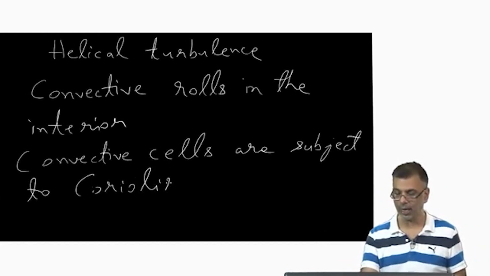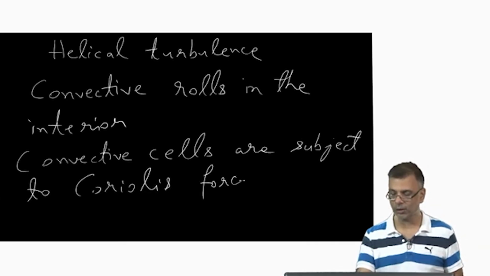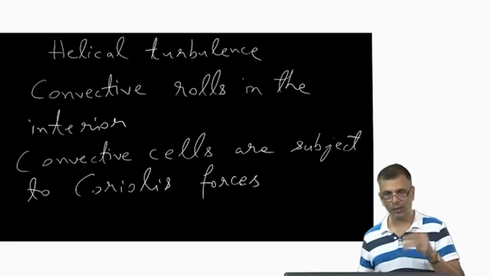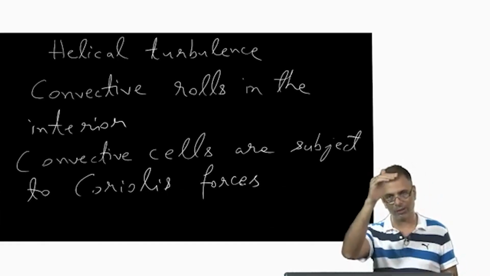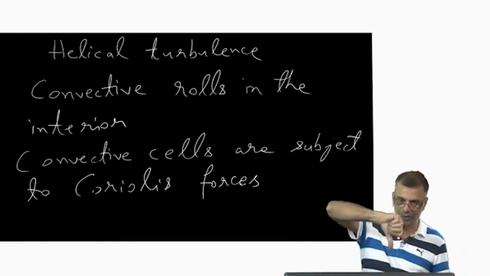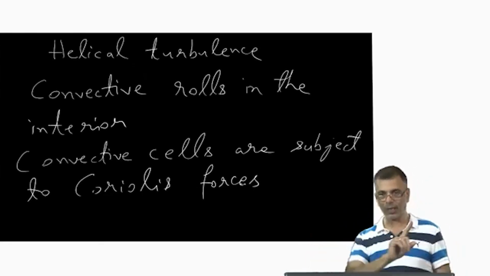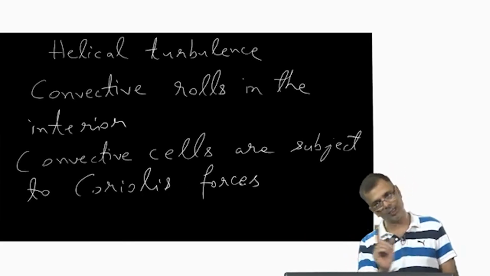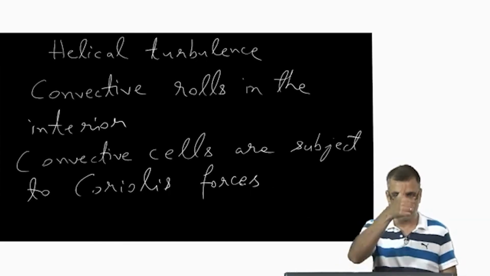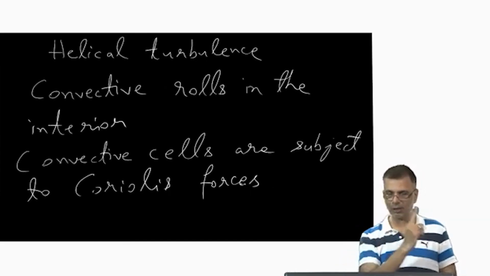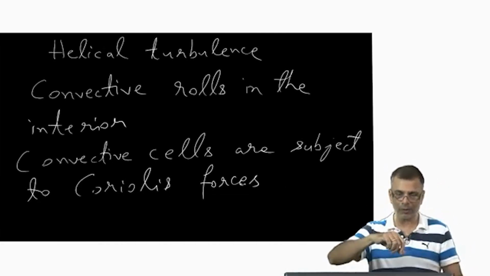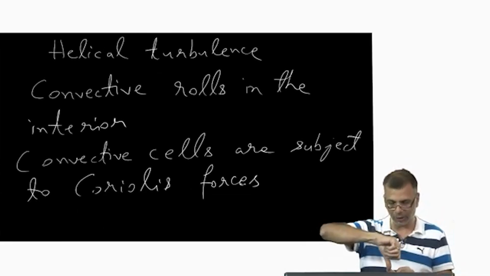And the Coriolis forces are of opposite directions in the southern and the northern hemisphere. If you are standing on the north pole, you have your head pointing this way, whereas if you are standing on the south pole, you have your head pointing this way. Whereas the rotation of the sun is in the same direction. It might be differential, but it is in the same direction. So the handedness is different. The handedness of the rotation for the person whose head is pointing this way is different from the person whose head is pointing that way.